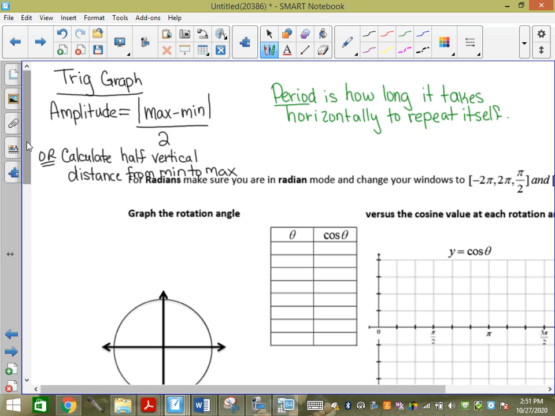Now what you can do is you can actually figure from a max to a max. I'll show this in a second. You could go from a min to a min. You could go from a max to a min, but you'd have to times it by 2. And I'll explain these. And then there's another way, or you could literally just count it, so I'll show you that in a second. Let's get it written.